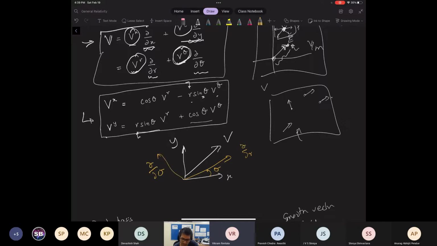What you can see is that the original components of V are this, but what I should do instead is think about rotating V. I take the original vector V and rotate it by minus theta, and then take the components of this in the original xy basis. That would be the same as writing V in this new basis, where the basis itself is rotated by an angle of plus theta.